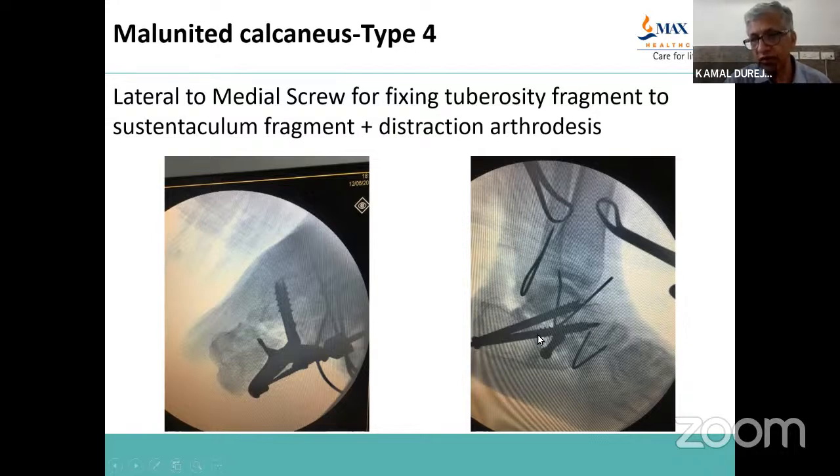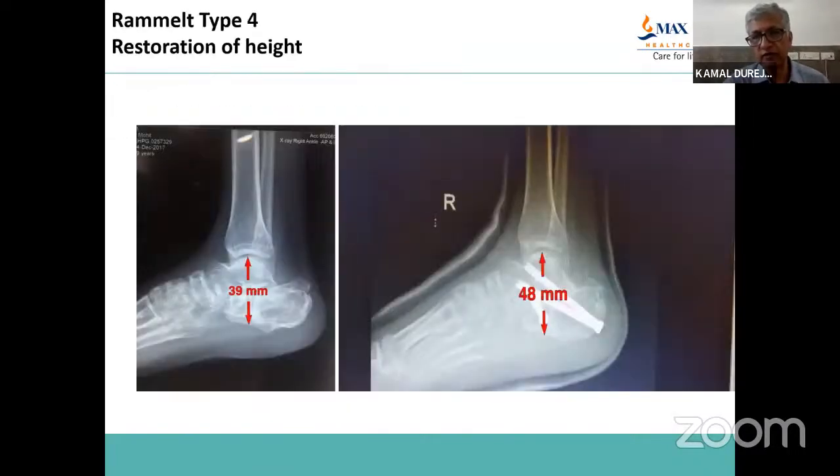So long threads, when they engage into calcaneum as well as talus, also prevent the collapse of this graft. So these principles of using long threaded screws, divergent screws, along with a tricortical graft form the basis of doing your distraction arthrodesis.